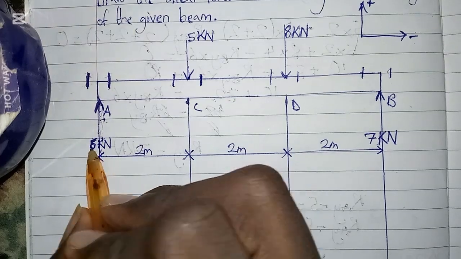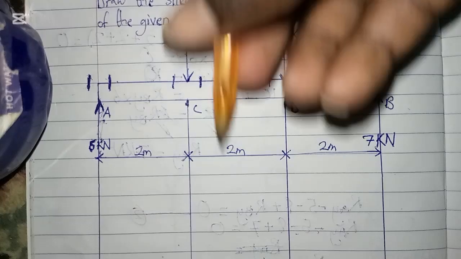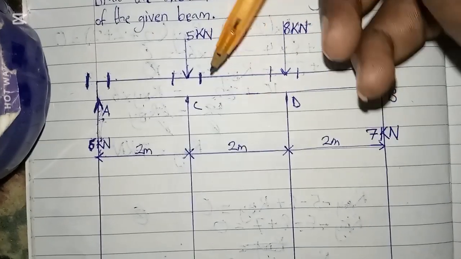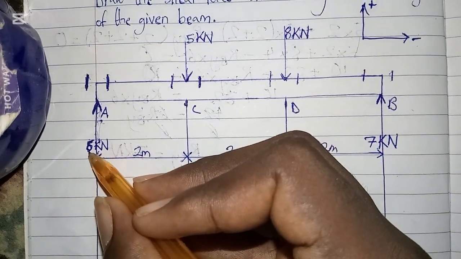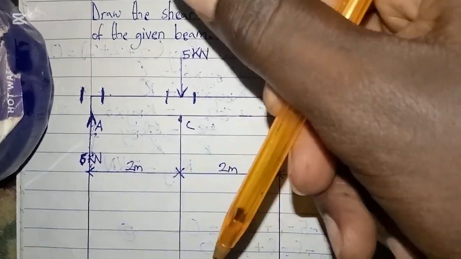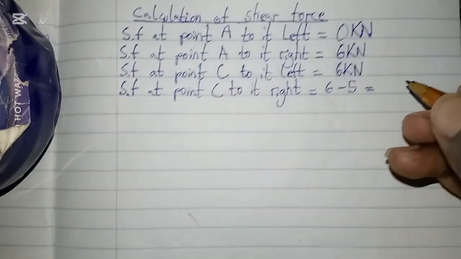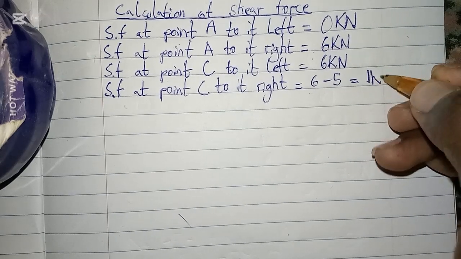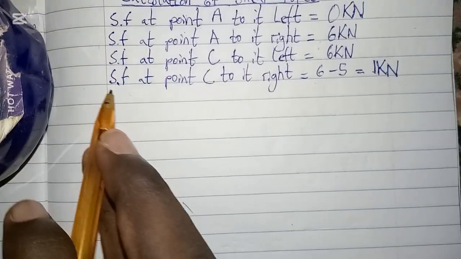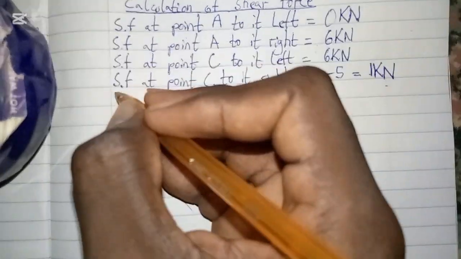So you can see 6 kilonewton and negative 5 kilonewton, because it is negative when the arrow is pointing downwards. So 6 kilonewton minus 5 kilonewton is 1 kilonewton. So shear force at point C to 8 right is 1 kilonewton. Okay, let's go to the next one.